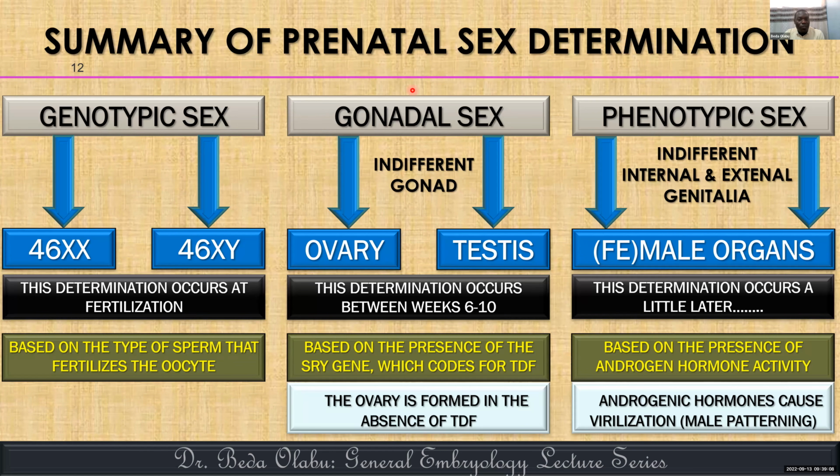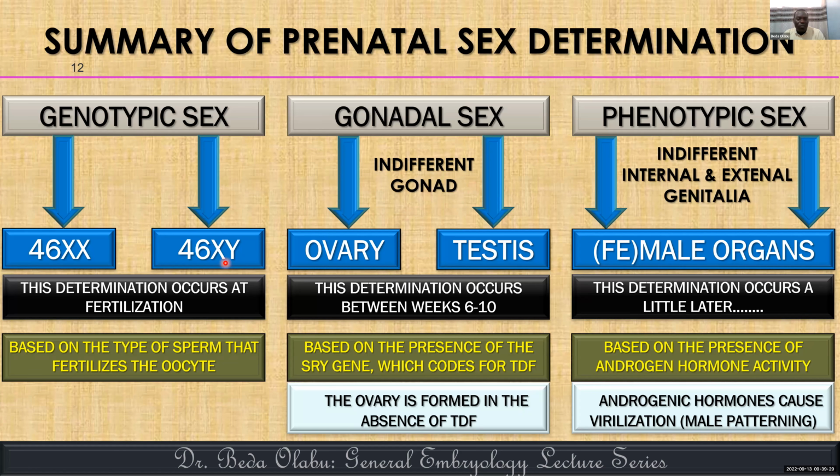However, if this pregnancy is not characterized by the presence of the testis, then the androgens that come from the fetal adrenal cortex are not adequate enough to cause virilization.